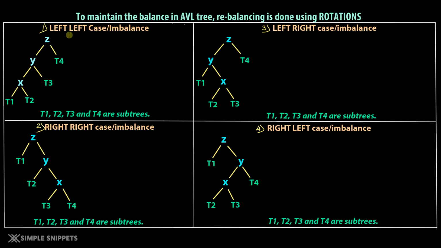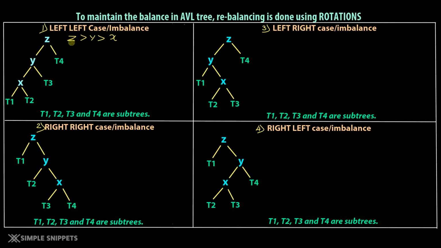But over here, if you observe, there are more than 3 nodes. So let's consider X, Y and Z as the 3 nodes, and clearly since this is a binary search tree, Z is greater than Y and Y is greater than X, correct? Just by looking at it, since Y is the left child of Z, it means that Y has to be smaller than Z. And since X is the left child of Y, again X has to be smaller than Y, correct?